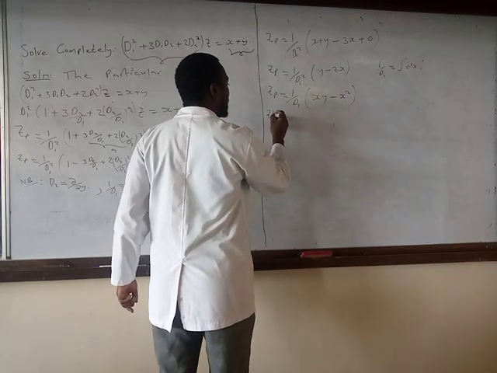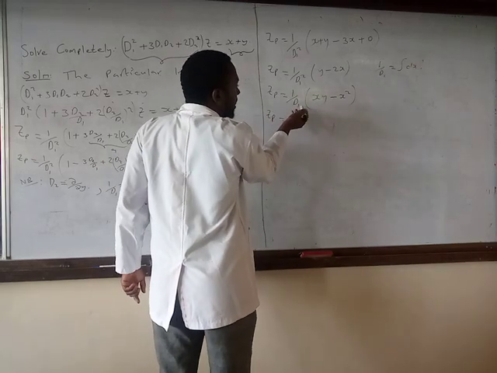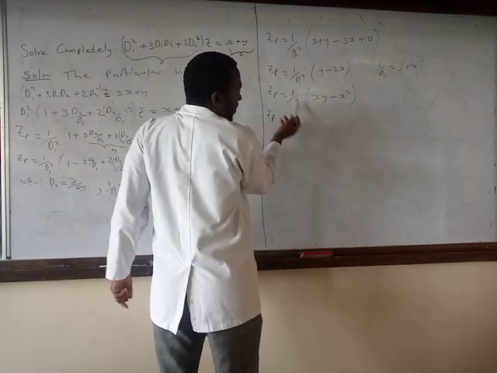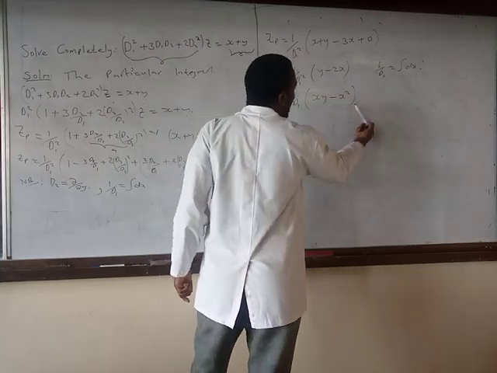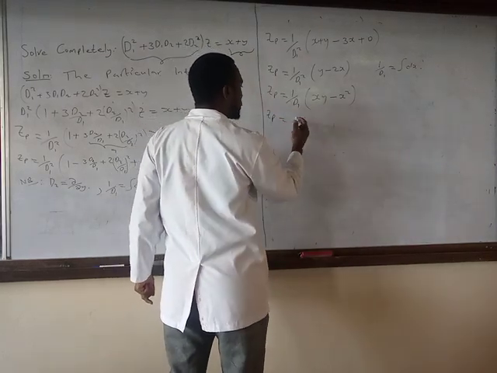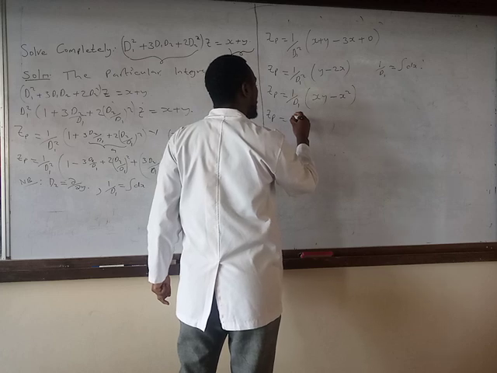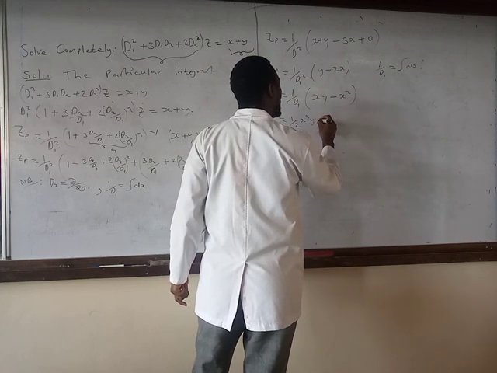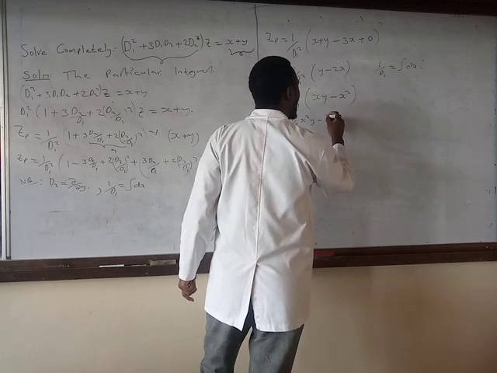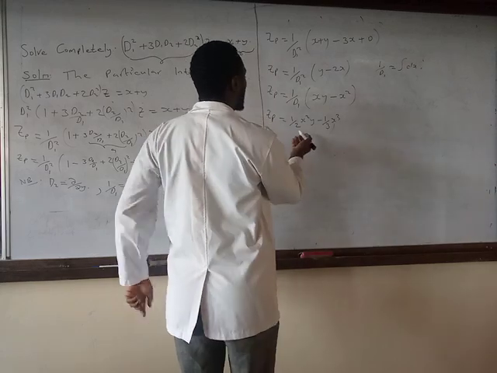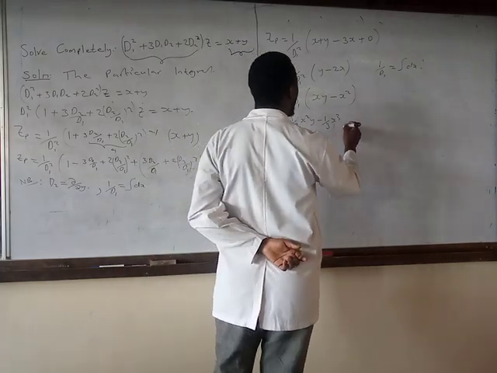So xy minus x squared. Then we integrate again to get rid of the remaining 1 over D1. If you integrate with respect to x, you'll get a half x squared y minus a third x cubed.